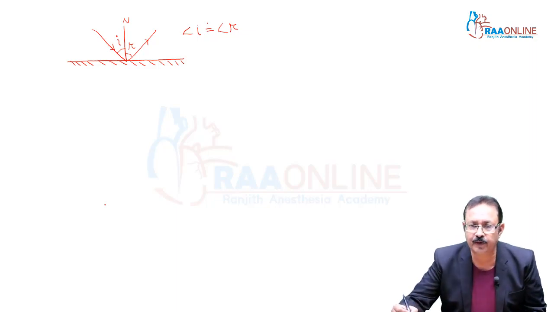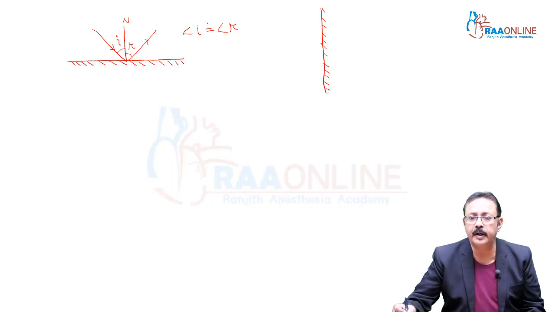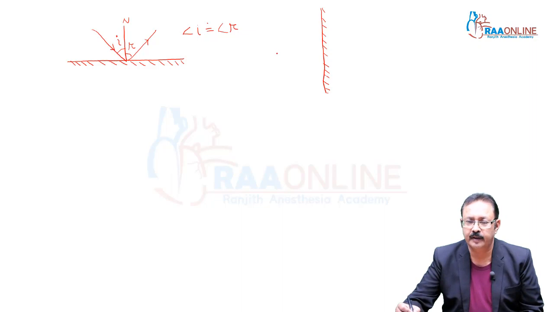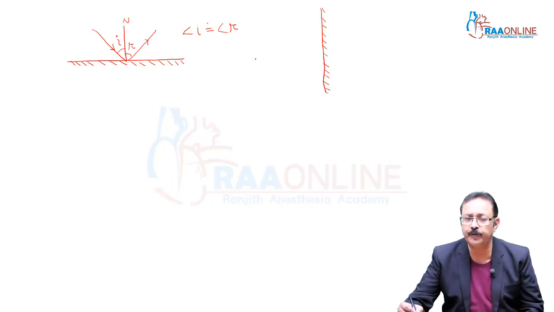Now some points you should learn for exam purposes, to see which type of questions they can ask you on a plane mirror. If you want to see your full image in a plane mirror, you need a mirror of half your length.